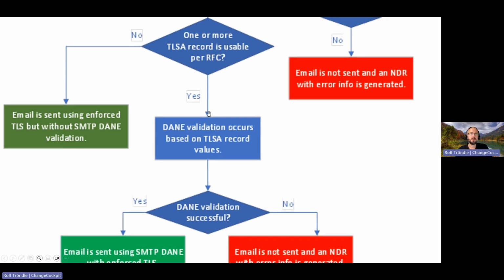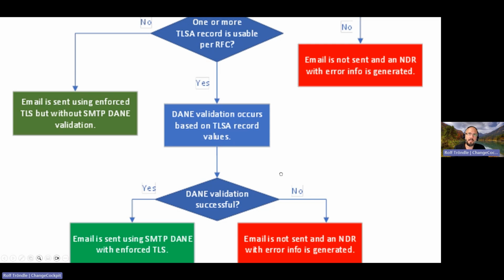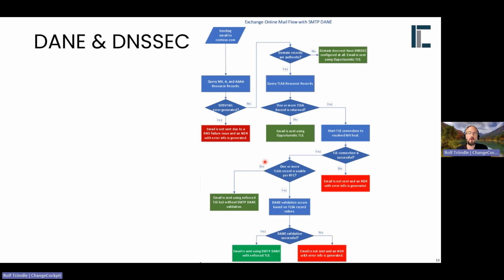Then yes, if the TLSA is usable per RFC, then DANE validation occurs based on TLSA record values. We will check for the certificate of the receiving server, and if it's successful, then the email will be sent using SMTP DANE, and if not, then we will fail the email again.